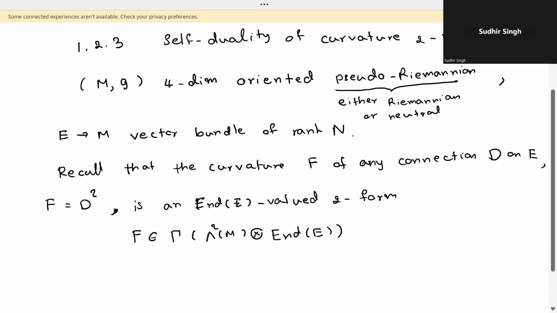Then we can extend the Hodge star operator on M to act on the curvature F as well.